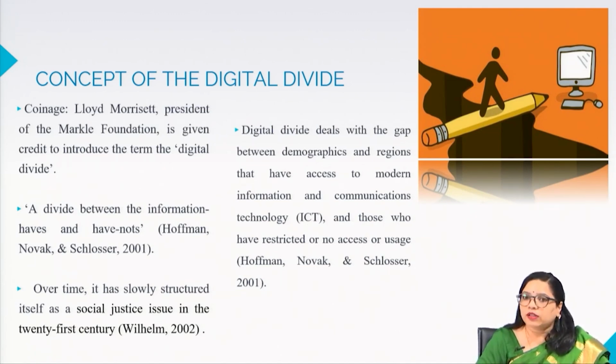To date back the coinage, Lloyd Morrisett, president of the Markle Foundation, is given the credit for introducing the term digital divide, which was a divide between the information haves and the have-nots according to Hoffman and others. And over time, Willem explains, it has slowly structured itself as a social justice issue in the 21st century.